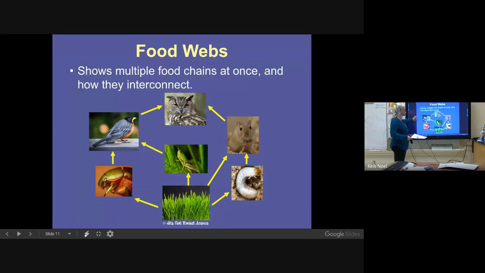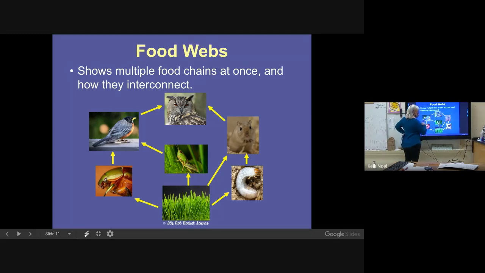Notice it's made up of multiple food chains. We can start at grass and go to this insect here, to the bird, to the owl. We could go from the grass, the grasshopper, the bird, the owl. You could go from grass straight to the mouse, to the owl.